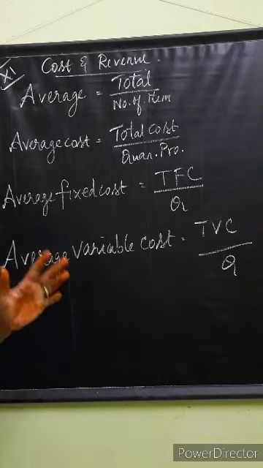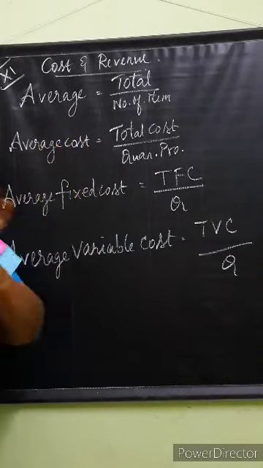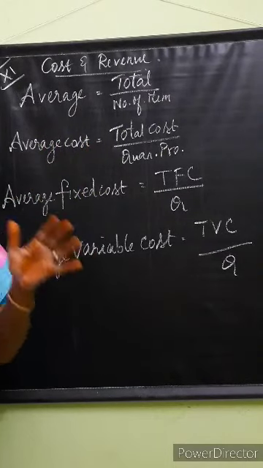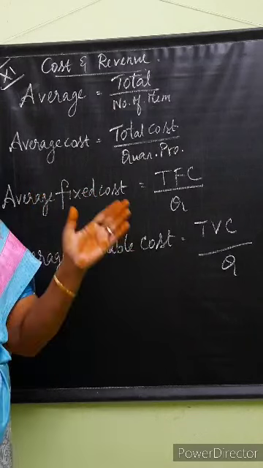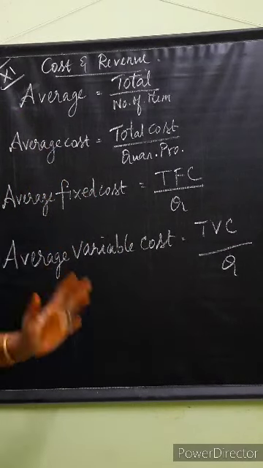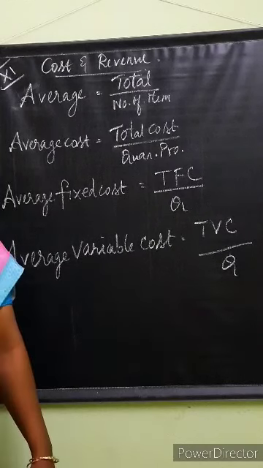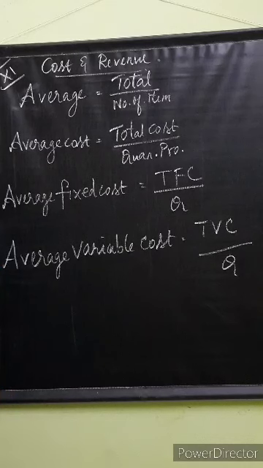It doesn't bother about the quantity of the output. The variable cost, based on the output, may be increased or decreased. And also we have studied the TFC curve and TVC curve, isn't it? Total variable cost curve and total fixed cost curve. Altogether the TC curve also we have drawn. Will you be able to understand?